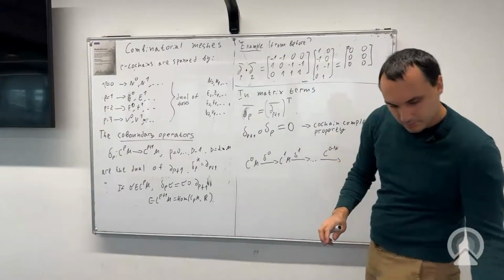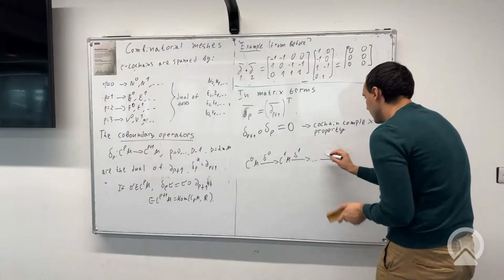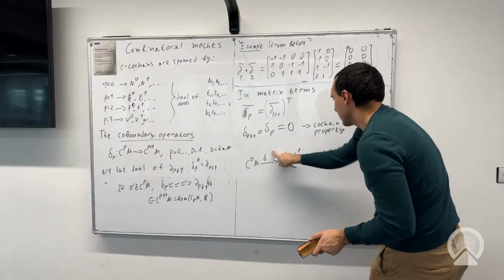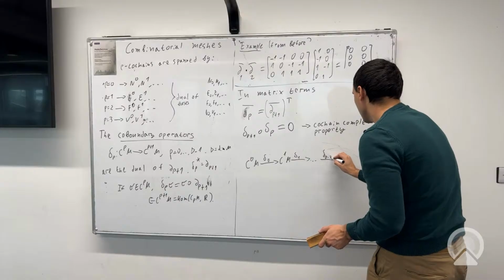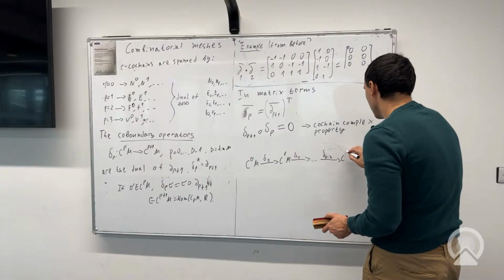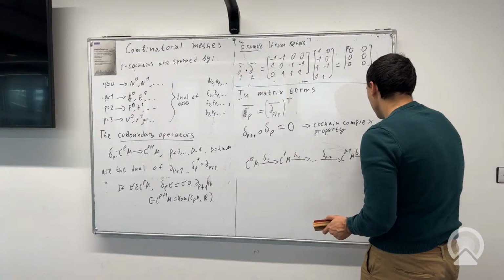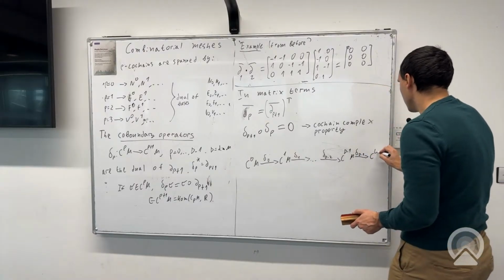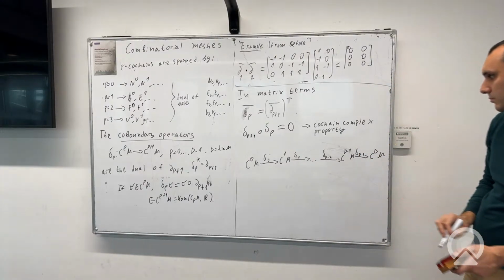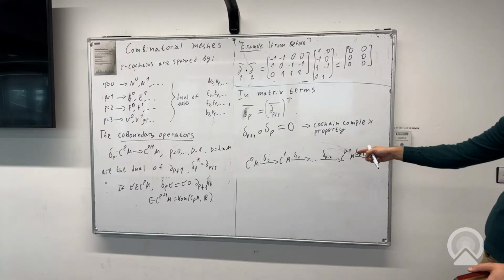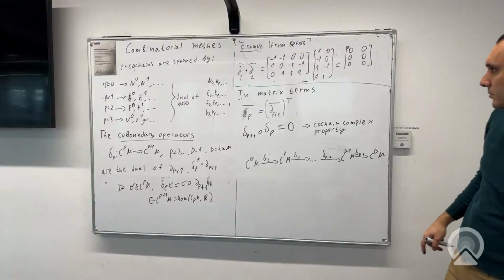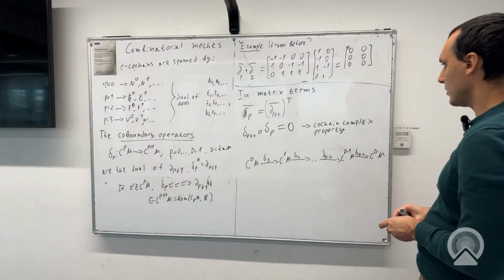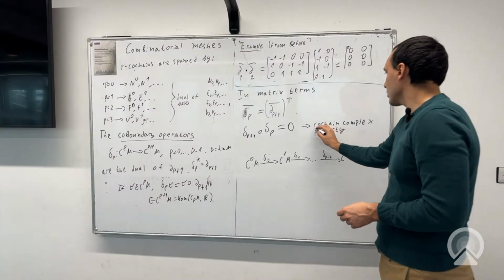Oh, sorry, this is delta_{d-2}, C^{d-1}(M), and delta_{d-1} goes to C^d(M). And any two after each other gives 0. This is the cochain complex.